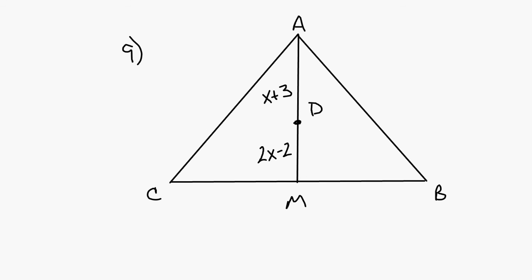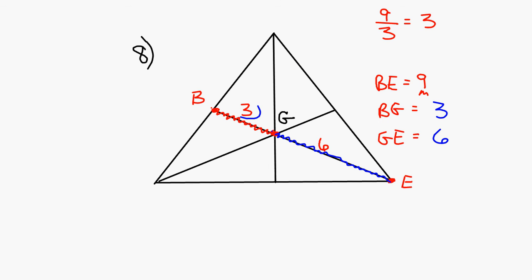So pay close attention right here. This longer piece of a median, that's the longer piece from the vertex to the centroid. The longer piece is twice as big as the shorter piece. We just did that here. The shorter piece was 3. 3 times 2 is 6.